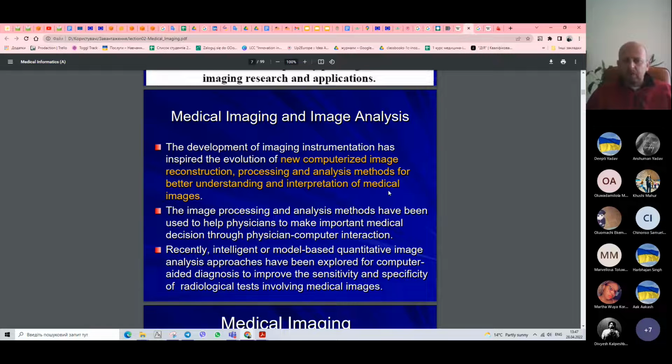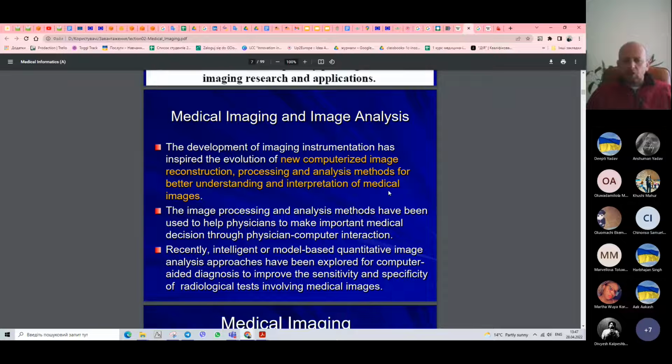The image processing and analysis methods have been used to help physicians make important medical decisions through physician-computer interpretation.